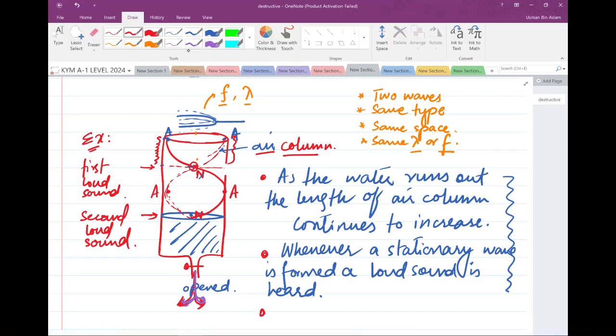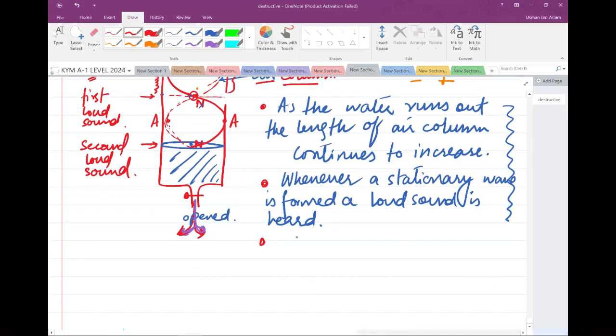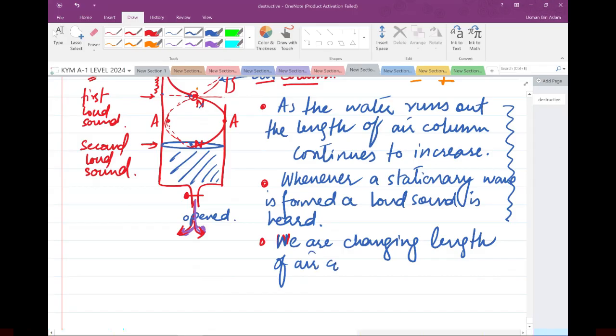So here we are changing the length of the air column, and not frequency or wavelength.